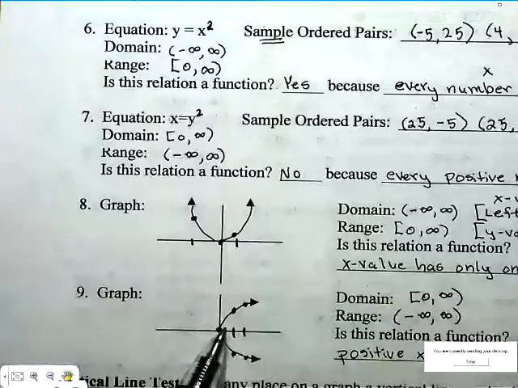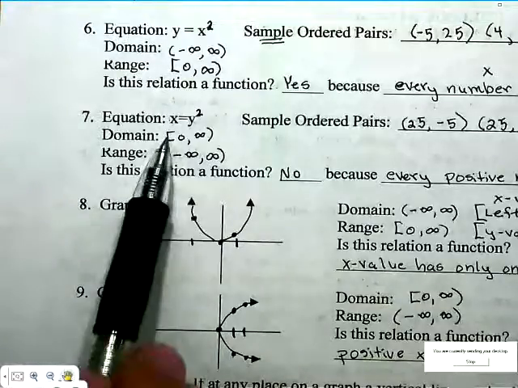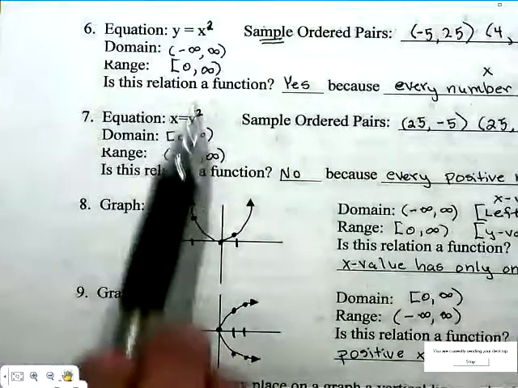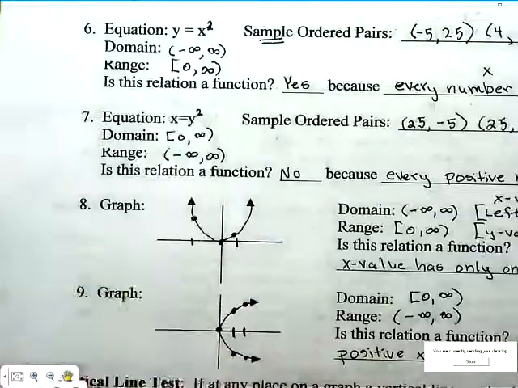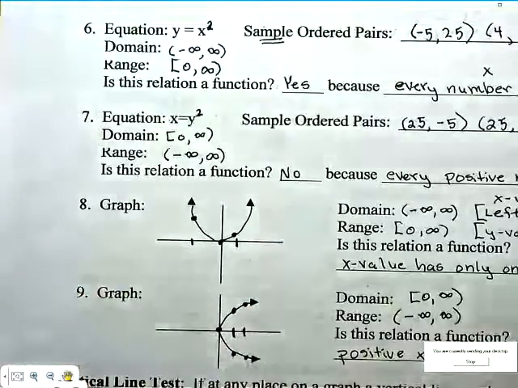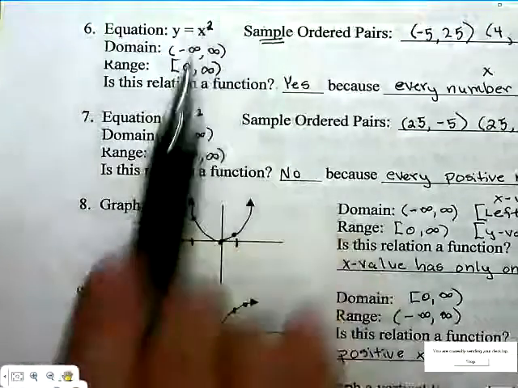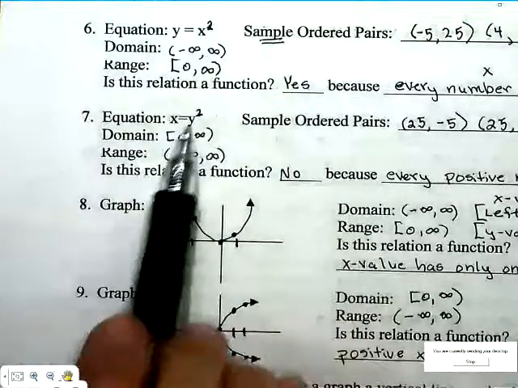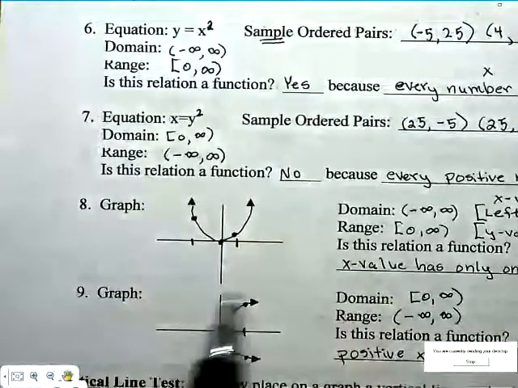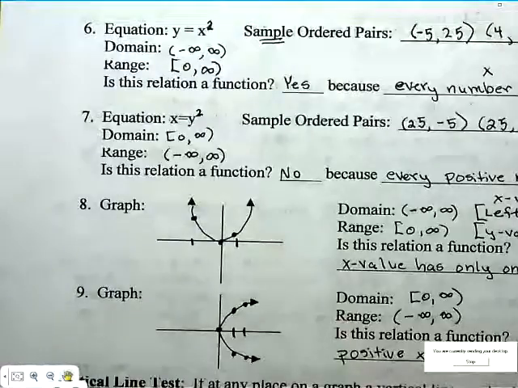Graph number 9 is the graph of x equals y squared. When you take an equation and just interchange the x and the y, here it was the x that's squared, here it's the y that's squared, it turns the graph on its side. That's always true, but we'll talk about it more later.